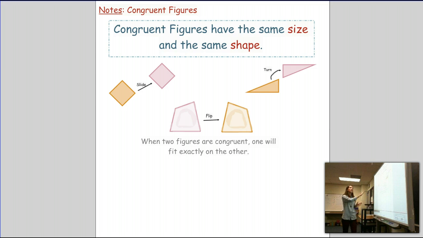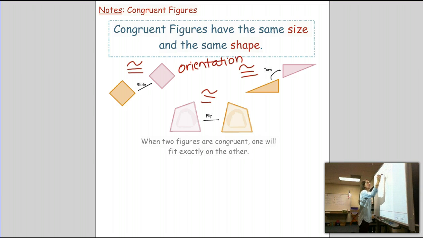You would think that we're studying transformations, but that's actually the next unit. All that I'm saying is that if I take a figure and I slide it, what I come up with is congruent to what I started with. If I flip it, it's still congruent. If I turn it, it's still congruent. They don't have to have the same orientation.